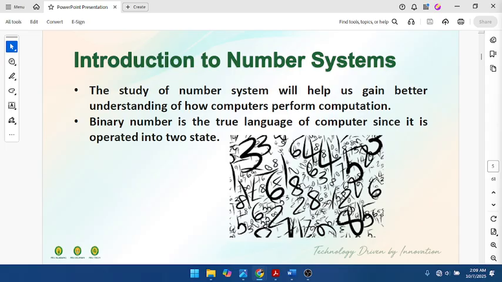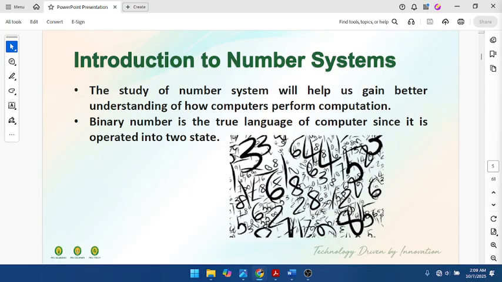When we use a computer, you see text, images, and videos. But at its most fundamental level, a computer is a machine that only understands and manipulates numbers.